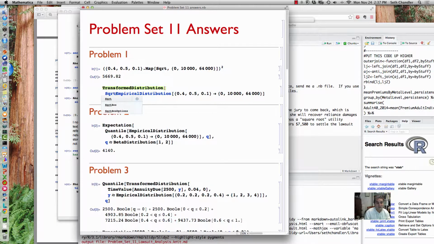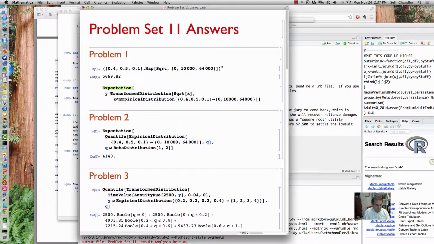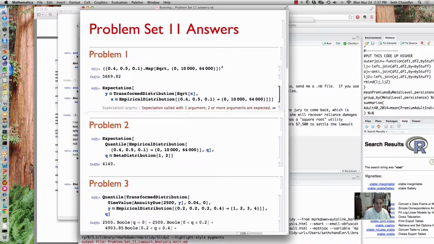So we're going to take the square root of x, assuming that x is distributed according to this. We could then take the mean of the transformed distribution, or I can simply take the expectation of y, assuming that y is distributed according to this transformed distribution.